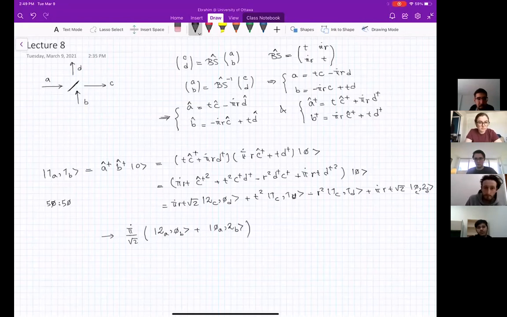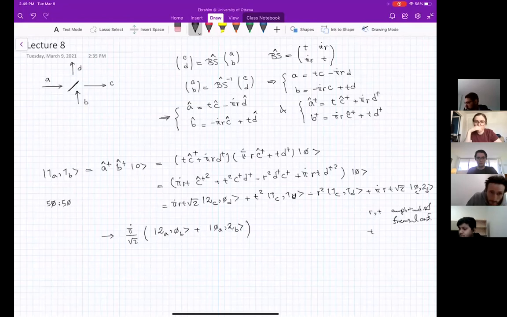So essentially, remember that reflectivity and transmittivity of the beam splitter were given by R and T, squared of course. Remember, R and T are the amplitude Fresnel coefficients, okay?